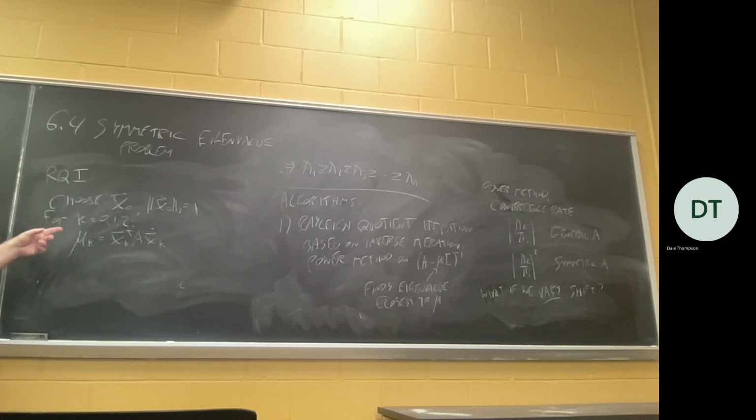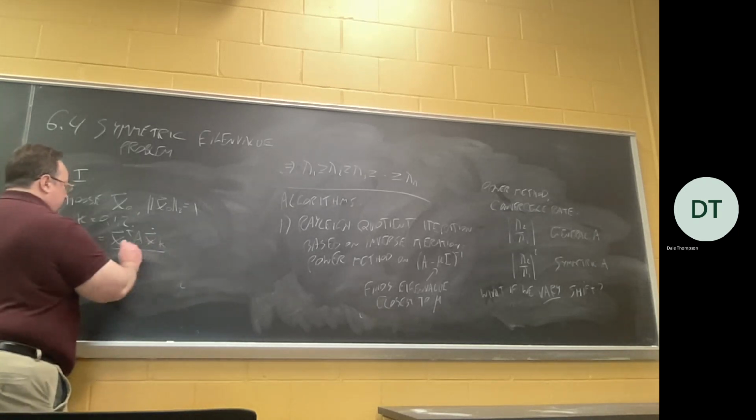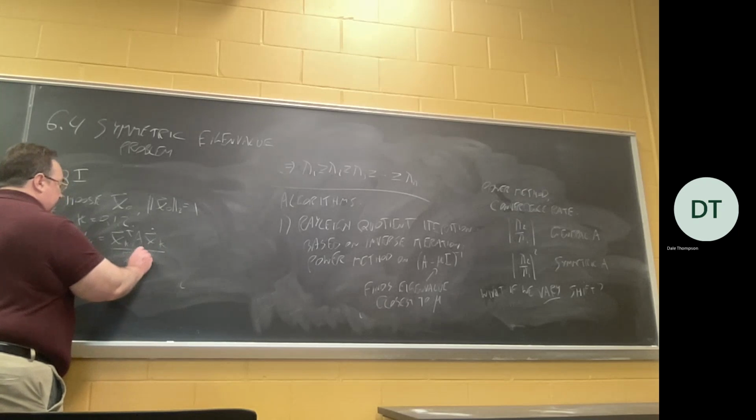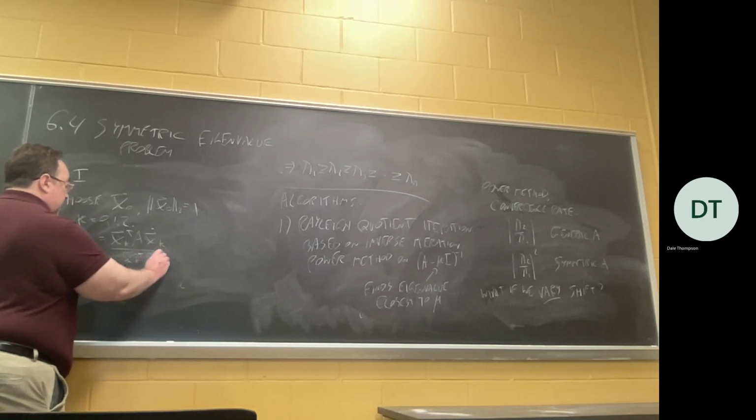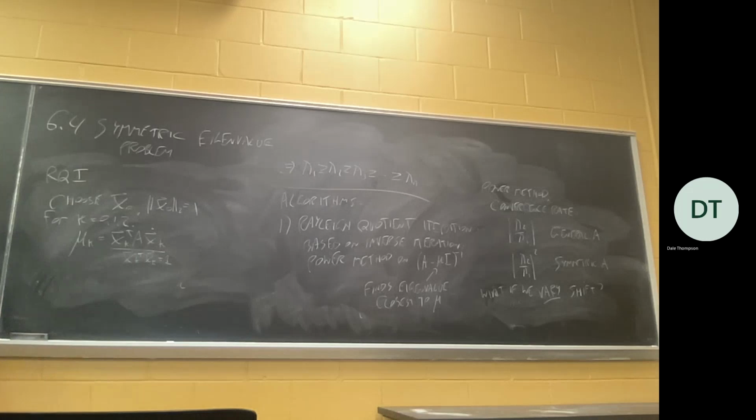That's why we need each xk to be a unit vector. Because normally for the Rayleigh quotient, I'd have a denominator xk transpose xk, but that's equal to 1, which is why I didn't include it the first time. So hopefully this is an approximate eigenvalue.